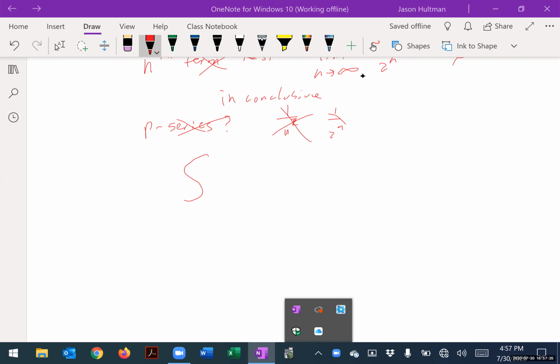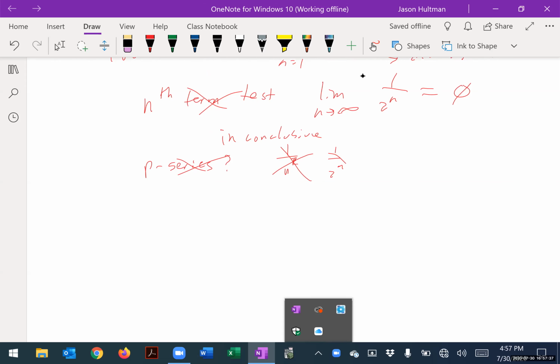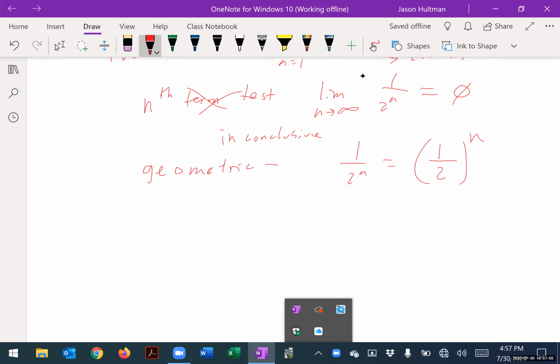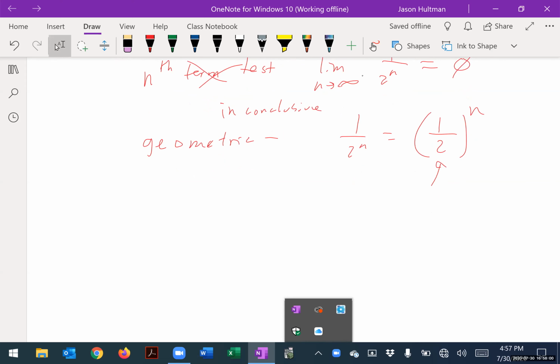Okay, is it geometric? Ooh, I like geometric. Let's do geometric here. Well, what's 1 over 2 to the n? Isn't that the same as 1 over 2 to the nth? Wouldn't this be a common ratio of 1/2, which is less than 1?